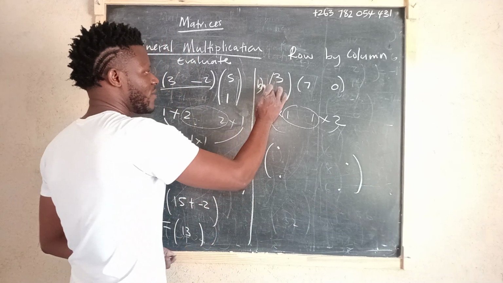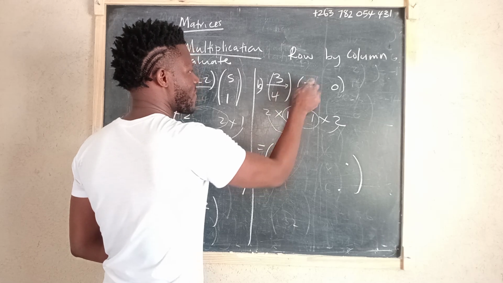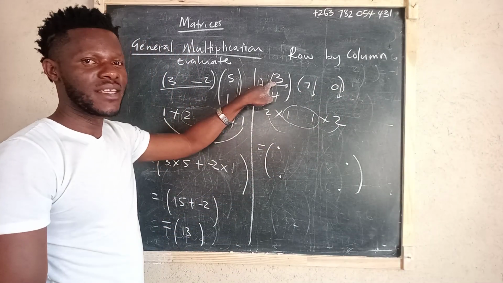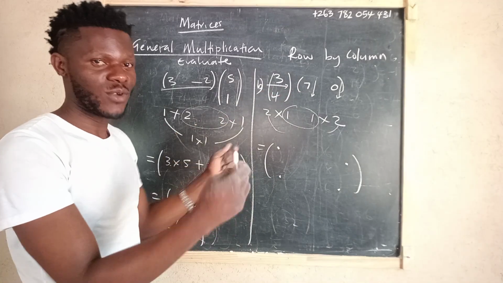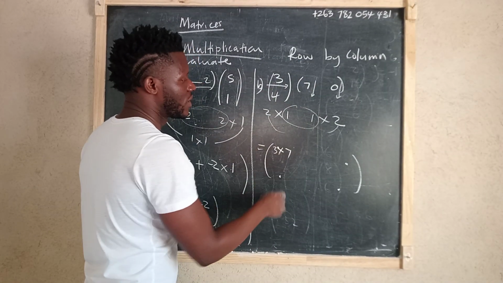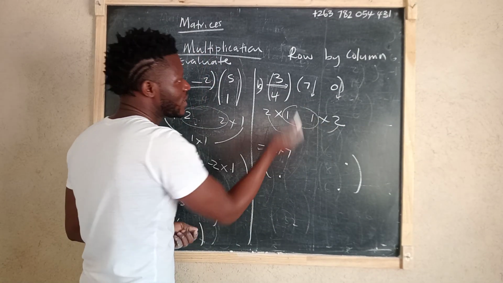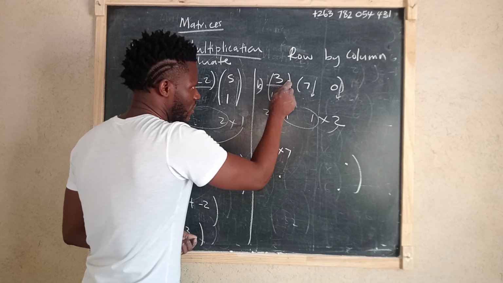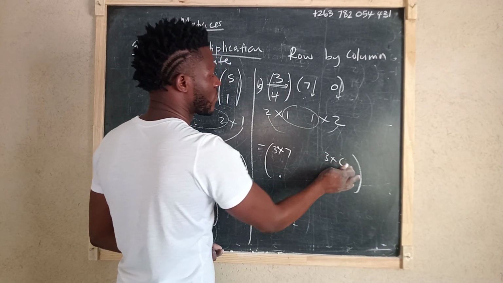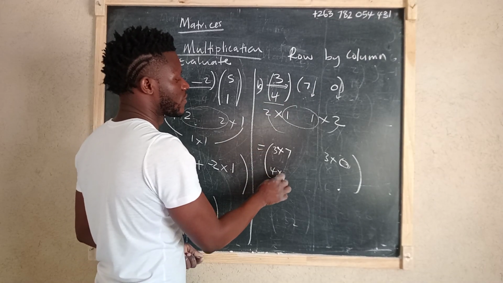And look at this stubborn mathematics. A row by column. By column. We only have one number in the row and one number in the column. So there's no addition there, it's just 3 times 7. Then on the other side, the row by column. We do not have the second values in the row and the column. So it's 3 by 0. And here we have 4 by 7.